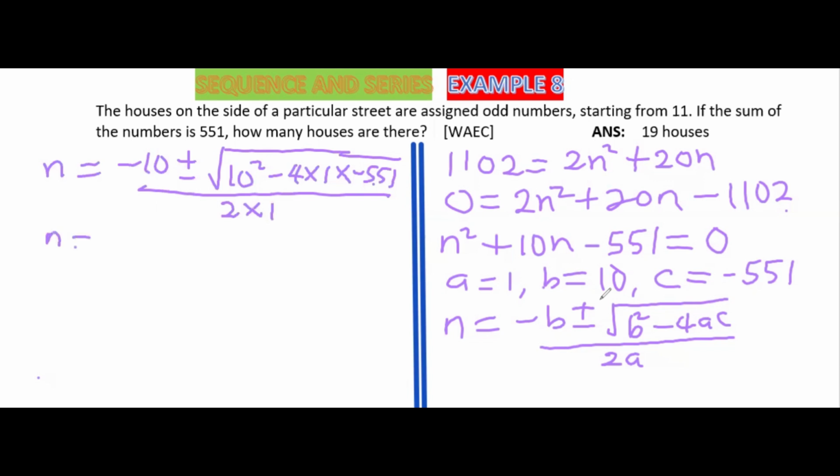Then we have n equals negative 10 plus or minus the square root of 10 squared, which is 10 times 10, that is 100. So you have to be careful here. These three terms, they all multiply together. And if you look at their sign, negative times positive here is negative, and that resultant negative times this other negative is positive. So we have plus.